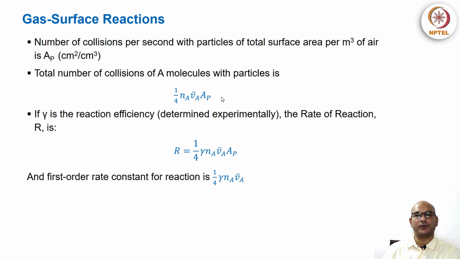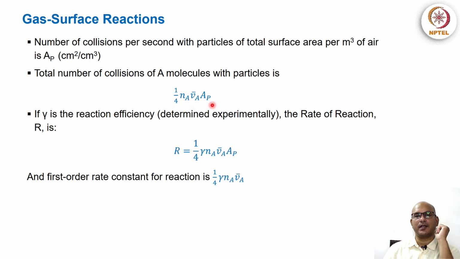And if these gas molecules are colliding with particles of total surface area per meter cube of air as AP, so per meter cube of air how much particle surface is provided by the aerosols. So, there will be a number of collisions per second with particles of total surface area AP per cubic centimeter. So, the total number of collisions of A molecules will be 1/4 Na times the mean velocity of A multiplied by AP.